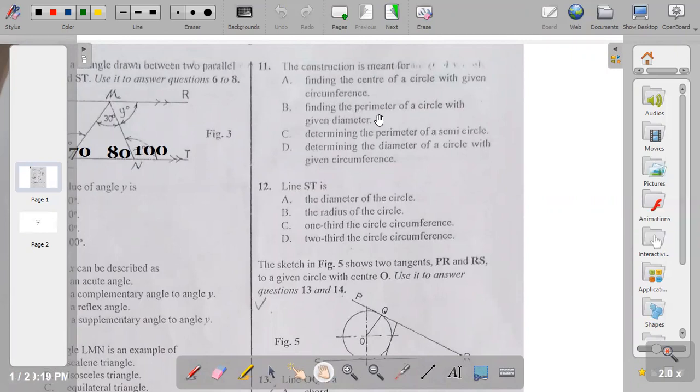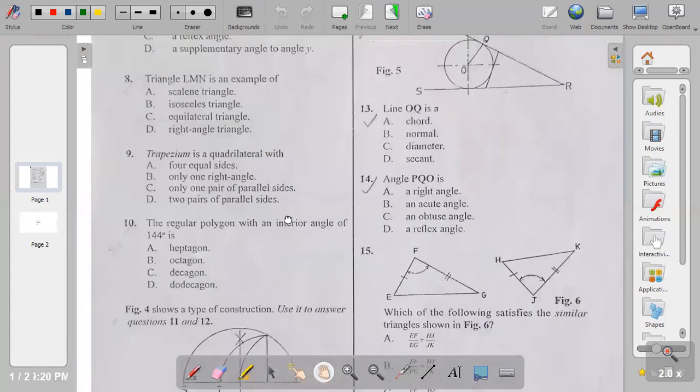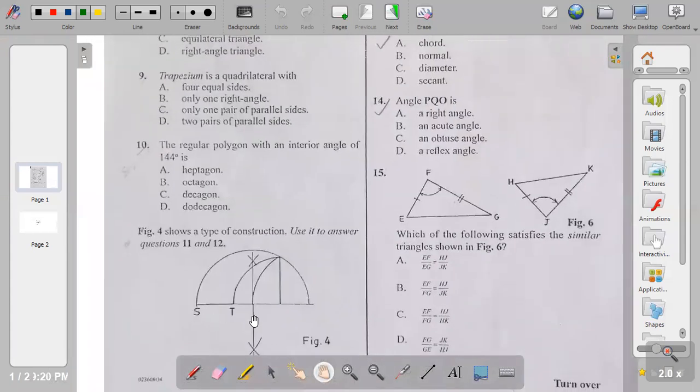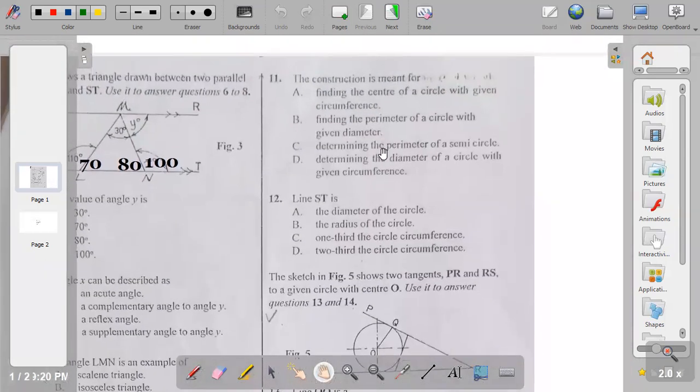No. Finding the perimeter of a circle with given diameter? No. Determining the perimeter of a semicircle? No. Determining the diameter of a circle with given circumference? If you want to determine the diameter of a circle with given circumference, this is the construction procedure. So ST is the diameter. For question 11, the answer is D.